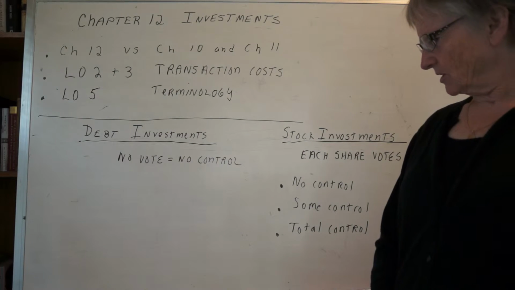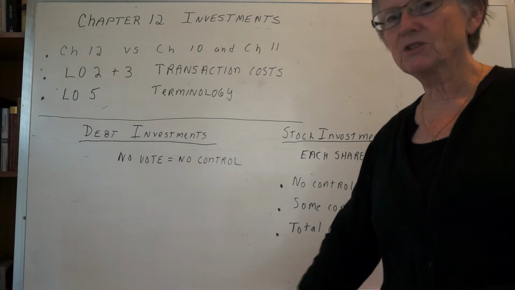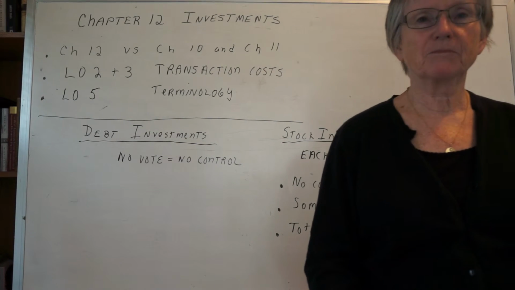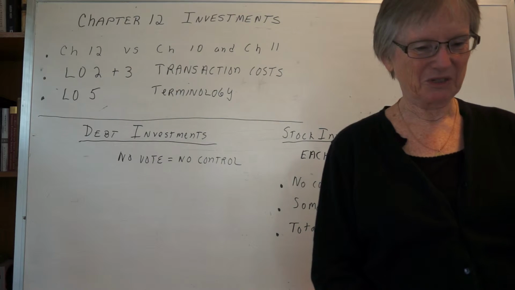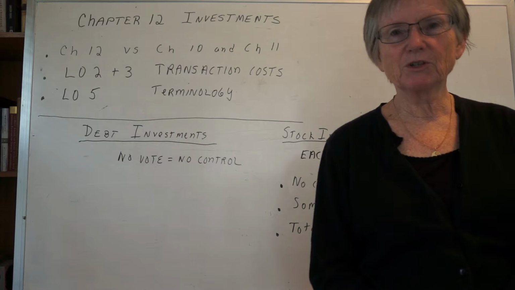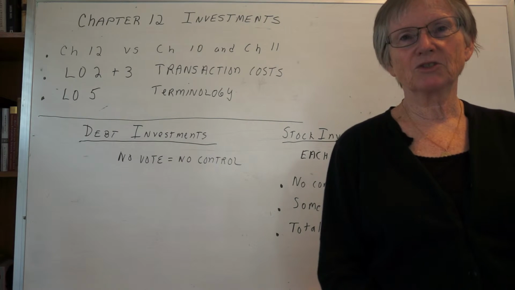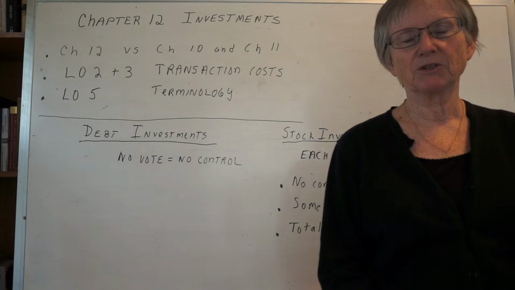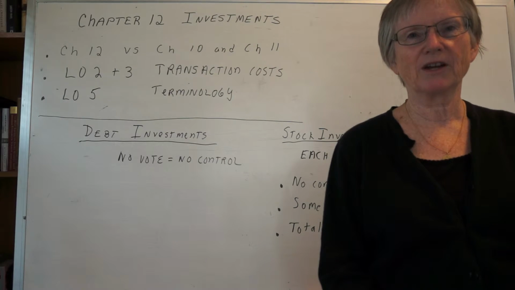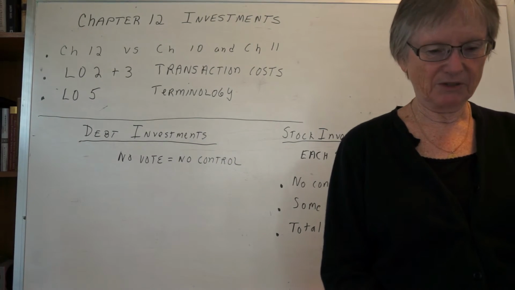The first study objective is just why corporations invest in debt and stock securities, and that covers both debt and stock securities. When we're accounting for debt investments, we're going to use what's called the cost method. And anything in this chapter is going to seem like a piece of cake after Chapter 11. So this is not a real heavy-duty chapter, at least not compared to 11.